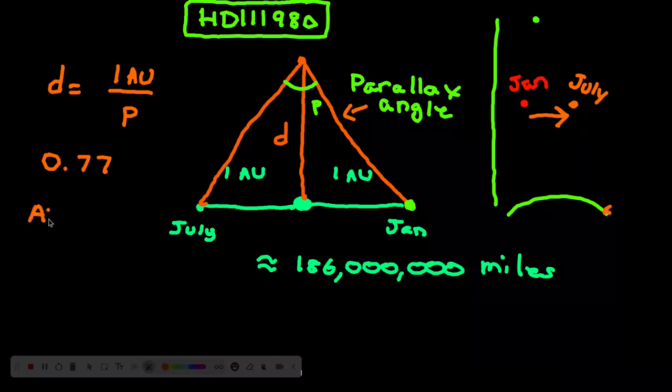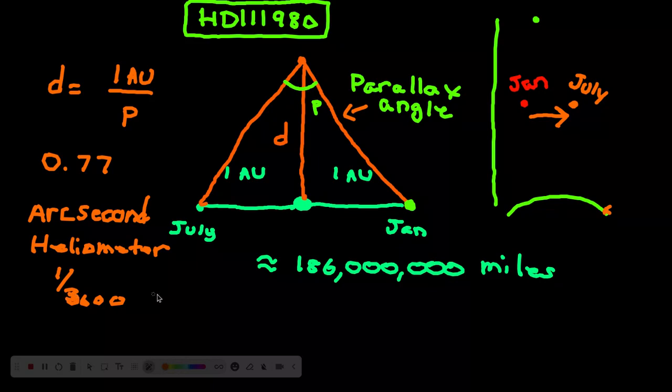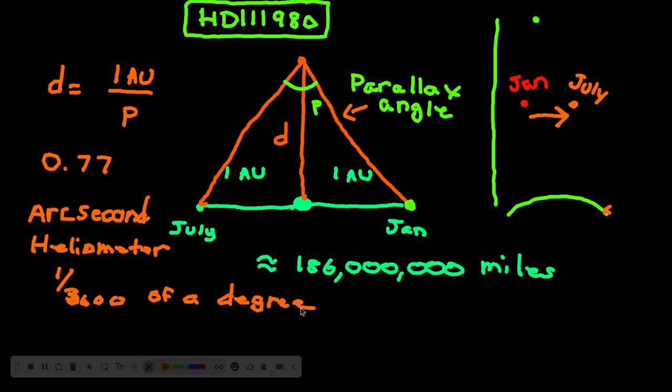So an arc second measured with a heliometer equals 1/3600th of a degree. It's 1/3600th of a degree.